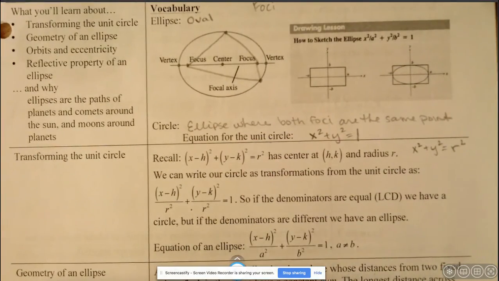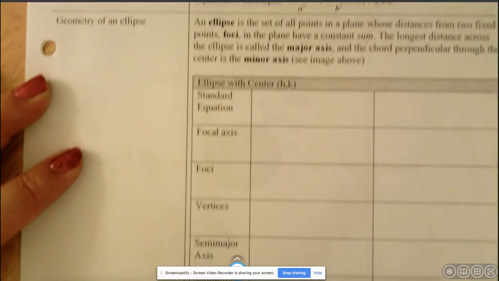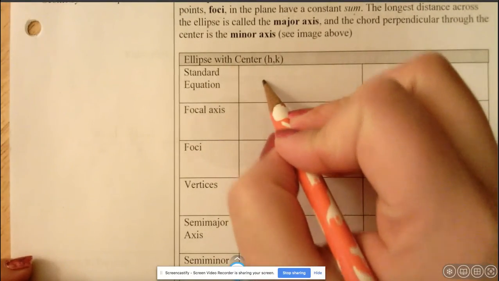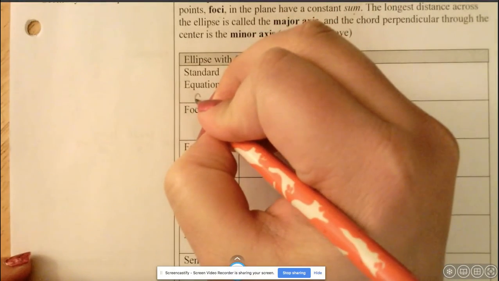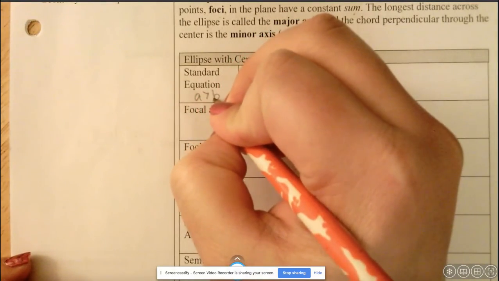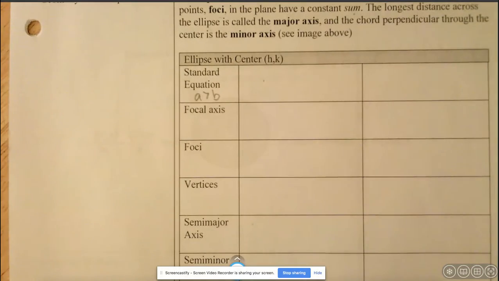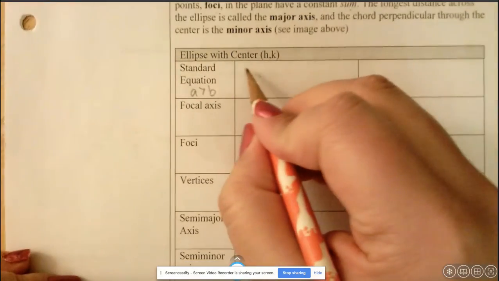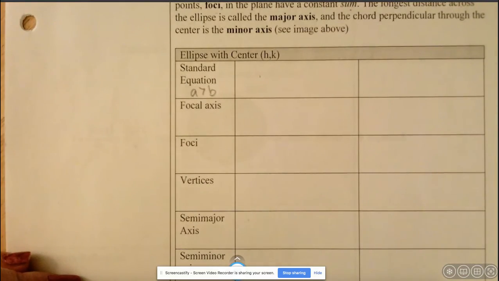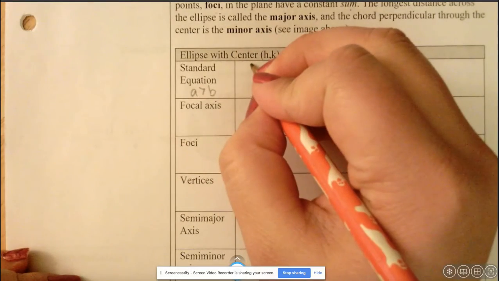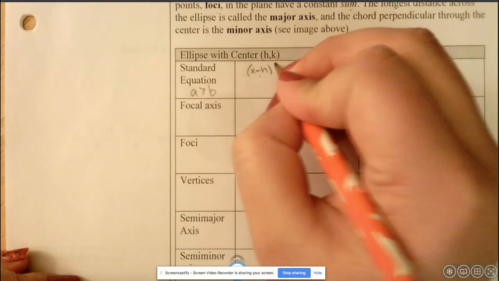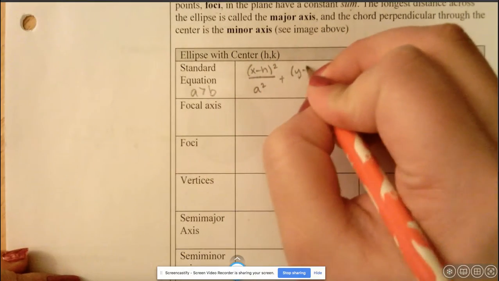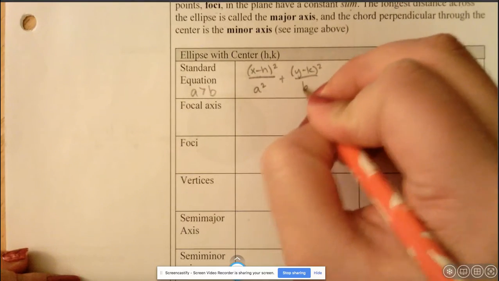So let's fill in our chart. Sorry for all the moving back and forth. The standard equation, and we're going to say with a greater than b, so that we can always say that a is our bigger denominator, is x minus h squared over a squared plus the quantity of y minus k squared over b squared equals 1.